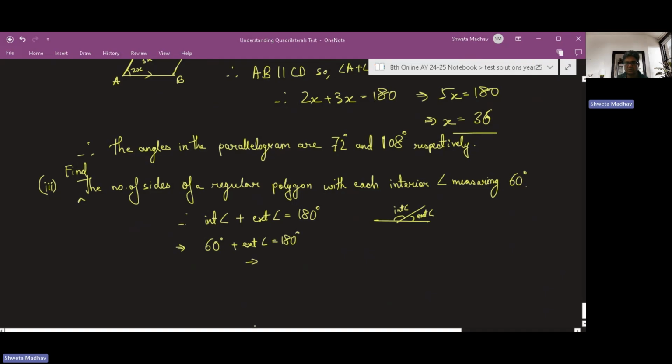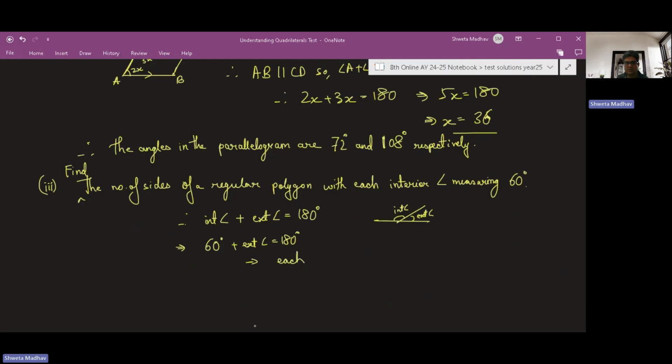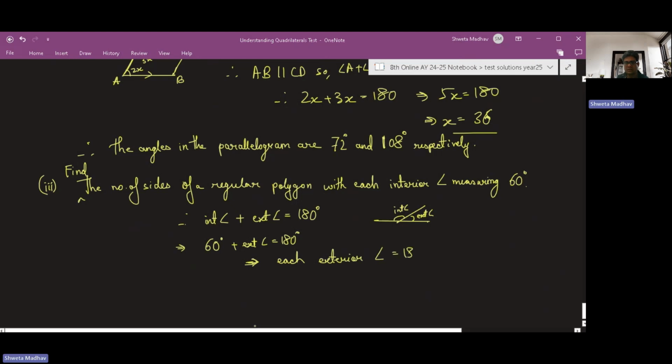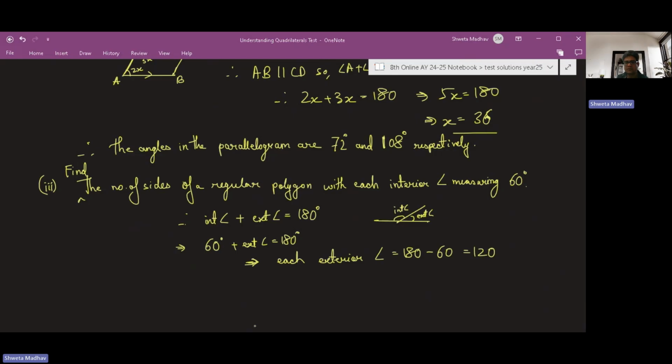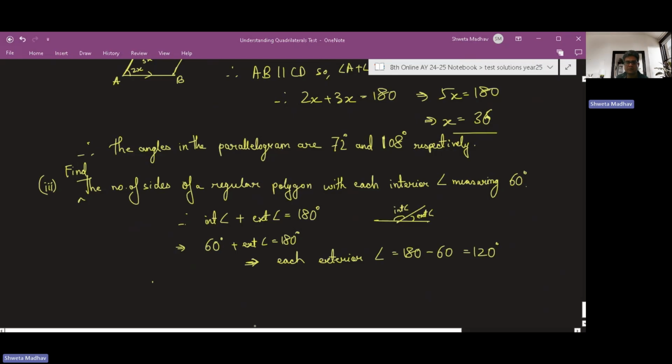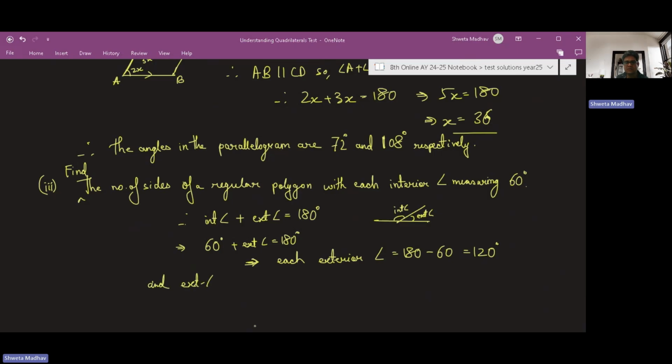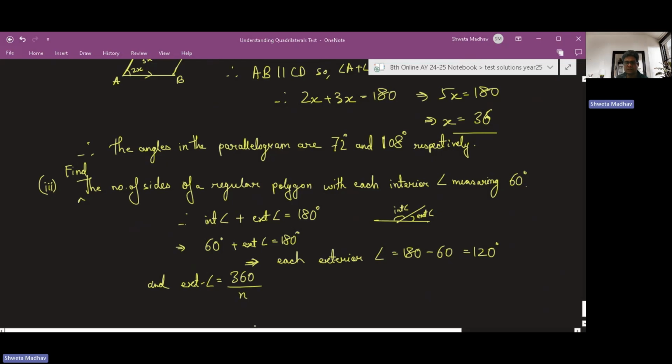Therefore each exterior angle will be equal to 180 minus 60, so that is 120 degrees. And now we know that each exterior angle is equal to 360 degrees by n, where n is the number of sides.